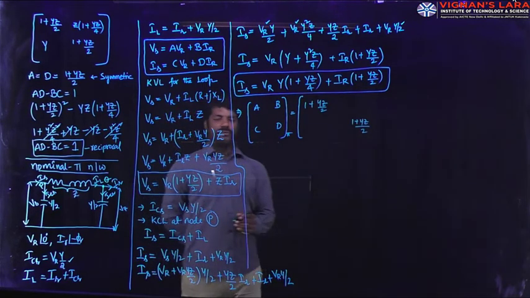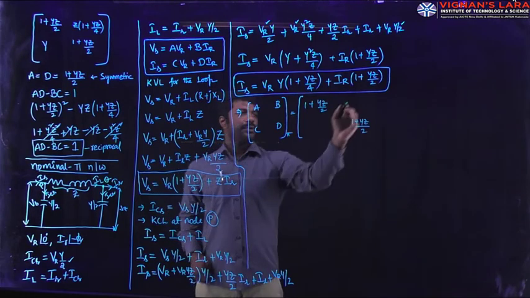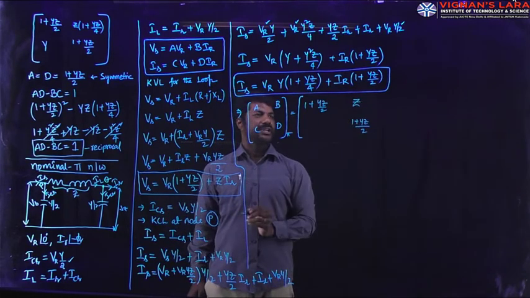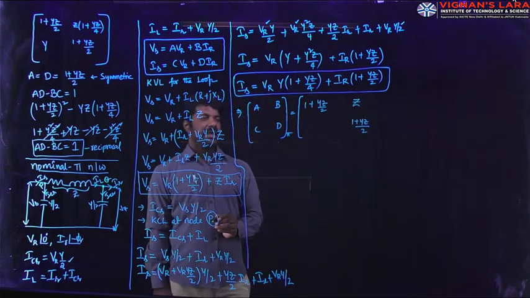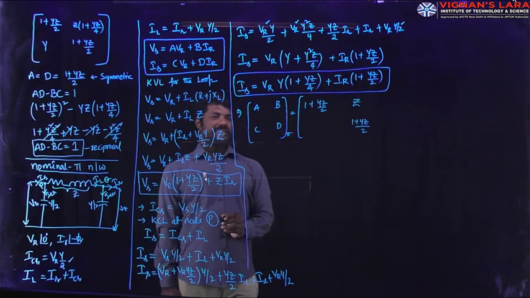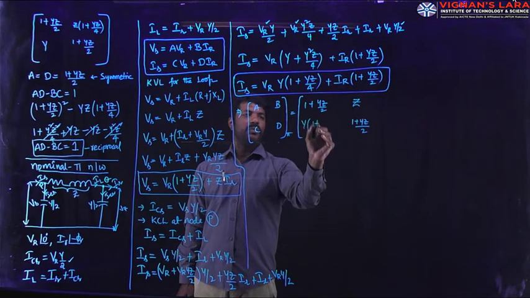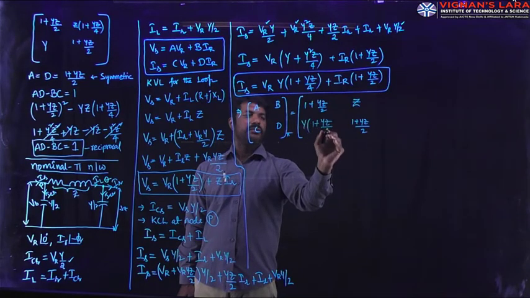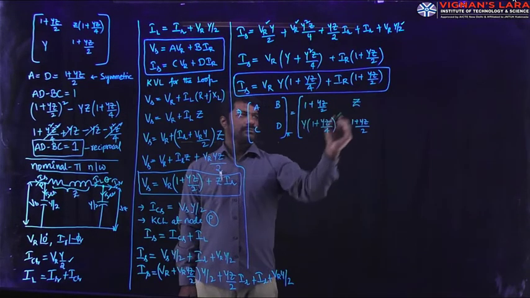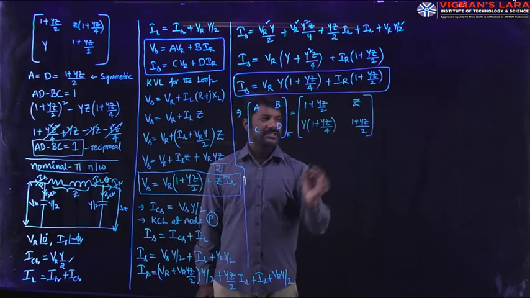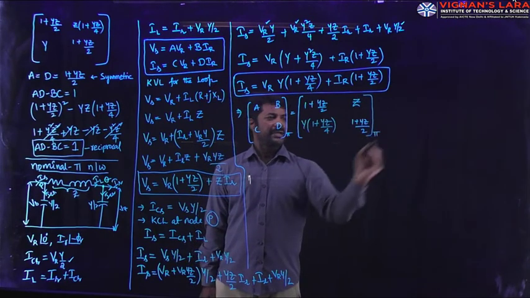Whereas B value is equal to the pure impedance of that transmission line, called Z. And C value is related to admittance, whose value is y into 1 plus yz by 4. These are the ABCD constants of this nominal pi network.